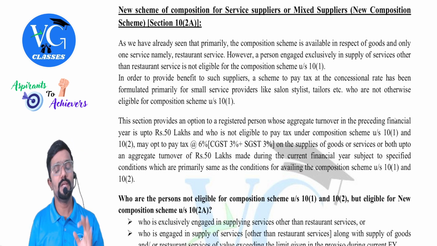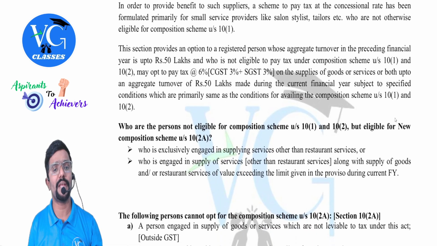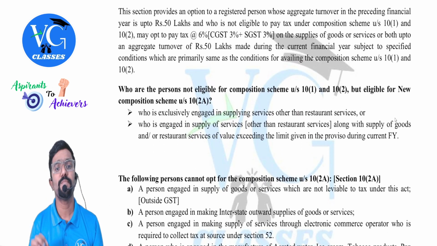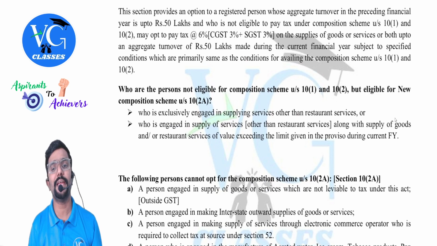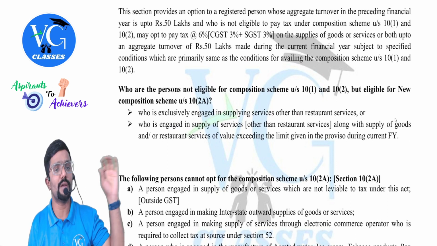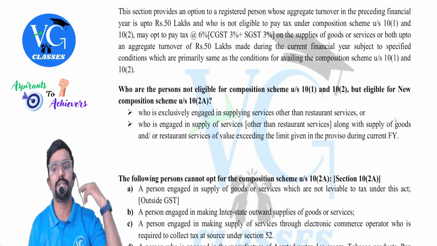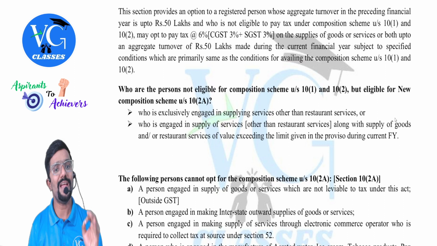Okay. This section provides an option. Again an option. Both composition schemes are an option, guys. It is not mandatory. A registered person whose aggregate turnover in the preceding financial year is up to 50 lakh and who is not eligible to pay tax under the composition scheme under section 10(1) or 10(2) may opt to pay tax under section 10(2)(a).